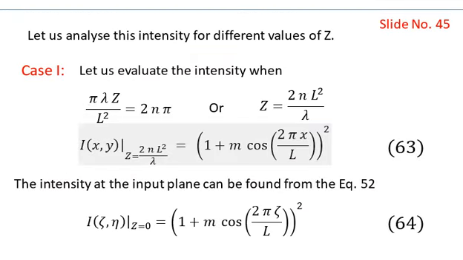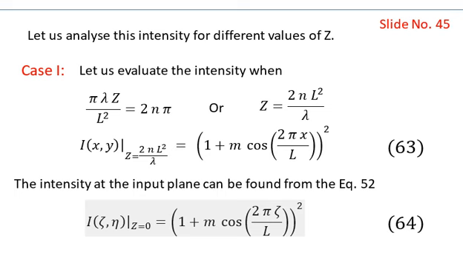So putting that 1, we can now represent the intensity with a subscript of capital Z equal to 2n L square over lambda, and the output is given on the right hand side of equation number 63, which is the square of 1 plus m into cos of 2 pi x over capital L. The intensity at the input plane can also be found from equation number 52, because the input intensity does not contain any complex variables, so we can directly take the square of that to get the intensity.